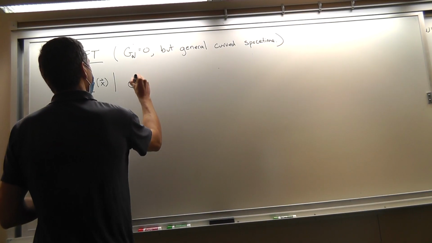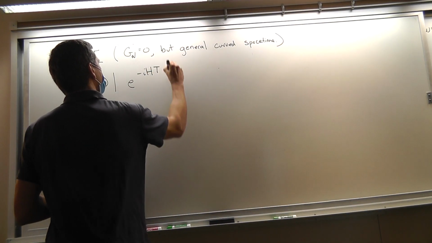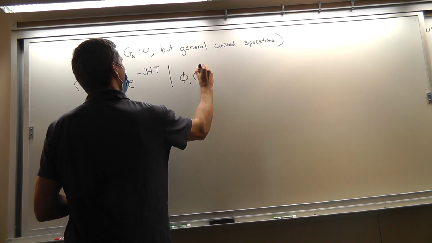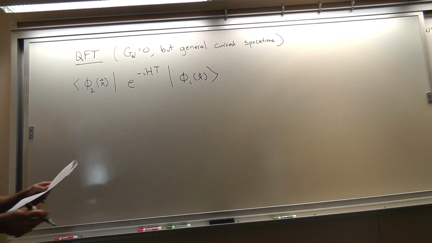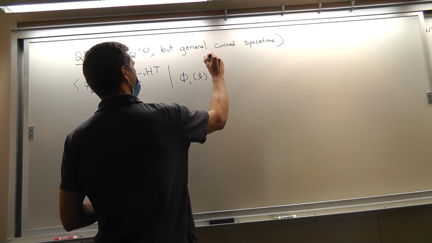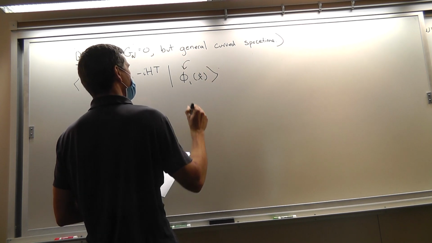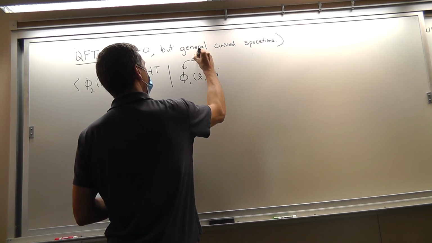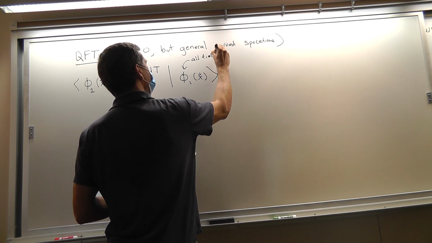Okay, so again, the Lorentzian path integral calculates the transition amplitude, but now the quantum states are specified by fields. So I'm just going to repeat what I did for the harmonic oscillator. Now we have a transition amplitude between states. The way I'm writing these states, I'll call them phi, I really mean all the fields.